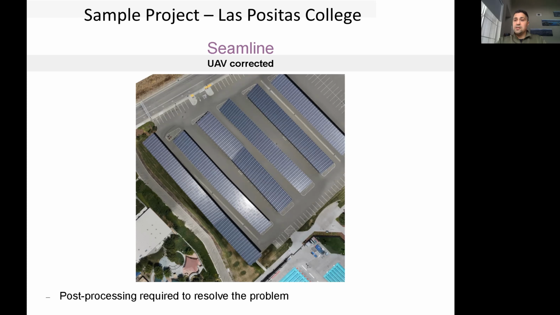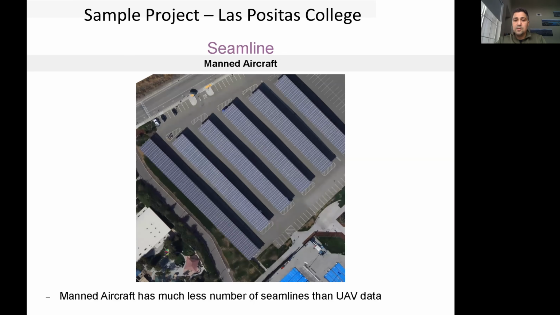It would take more human labor and intervention to correct this type of thing in post-processing in the software.